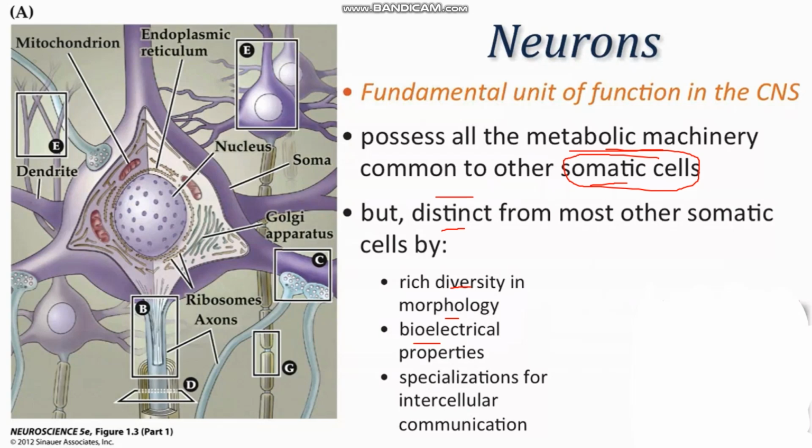The bioelectrical properties of neurons are also different from other cells. And there is a specialization for intercellular communication: you will see synapses between neurons. Whenever we talk about synapses, we talk about junctions or meeting points between neurons. And neurons are specialized for the formation of neurotransmitters. We'll also talk about it in this lecture.